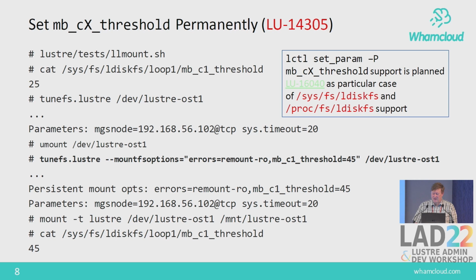So we haven't done this work yet, but we want to add the ability to tune parameters under the ldiskfs sysfs and ldiskfs procfs, because currently we just look in procfs lustre and sysfs lustre for tunable parameters. But that should be relatively easily done.